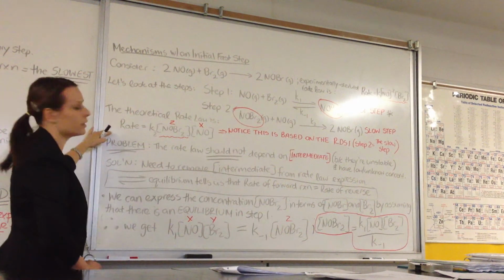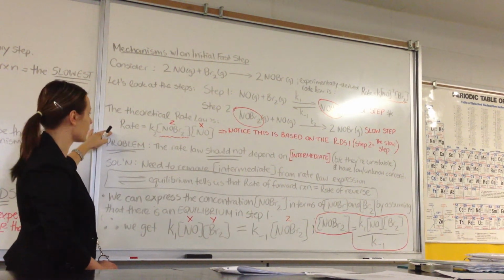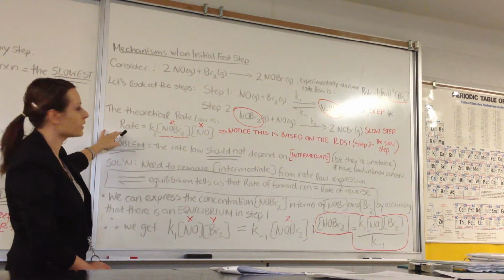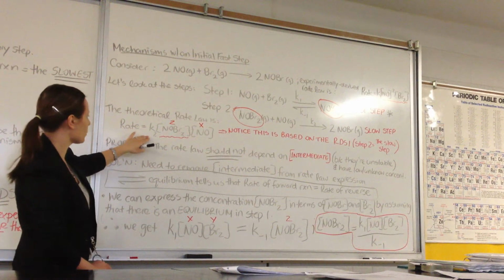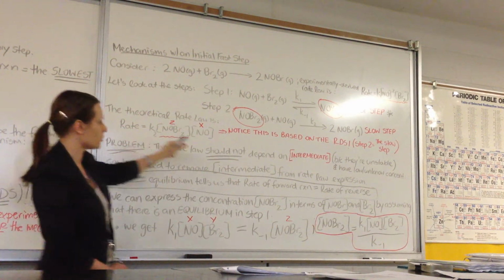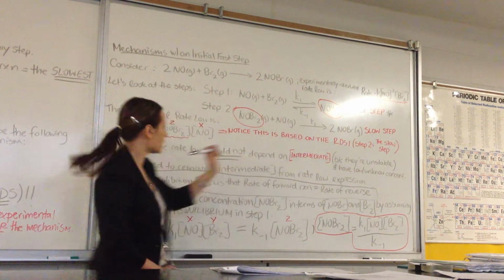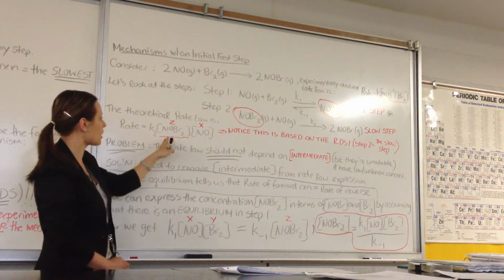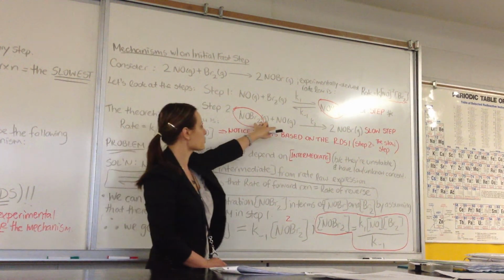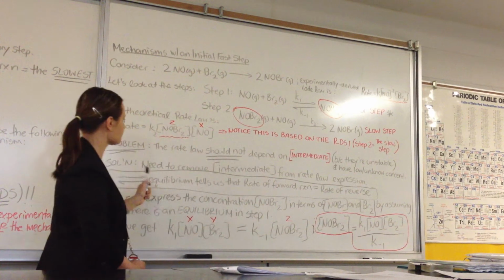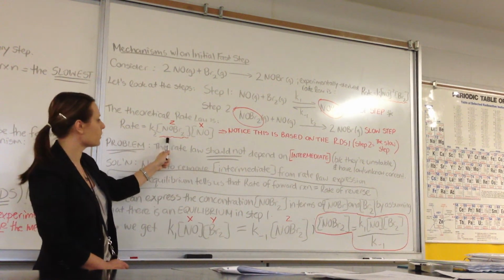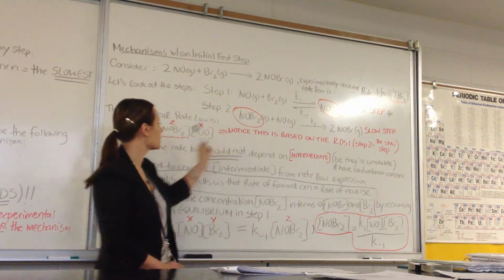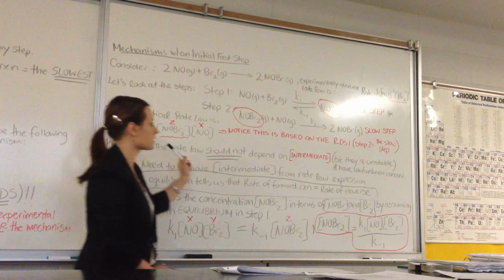If we are to write a theoretical rate law, our theoretical rate law has to be in terms of the slow step. So the way we show that is that rate is equal to k2, the rate constant of the second step, times the concentration of the reactants. But notice that there's a problem here, because one of our reactants in the slow step is actually an intermediate.